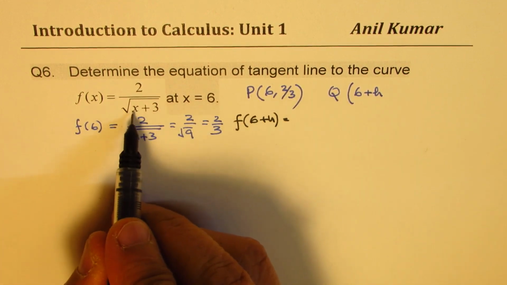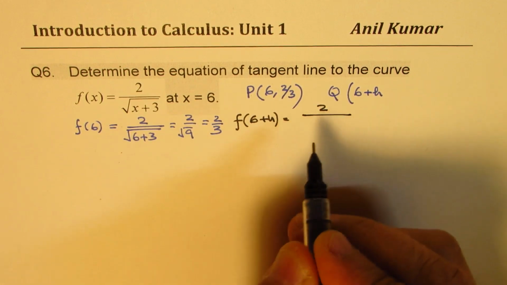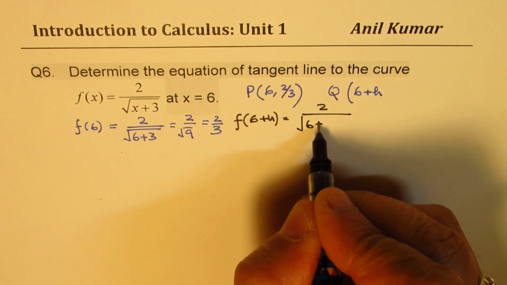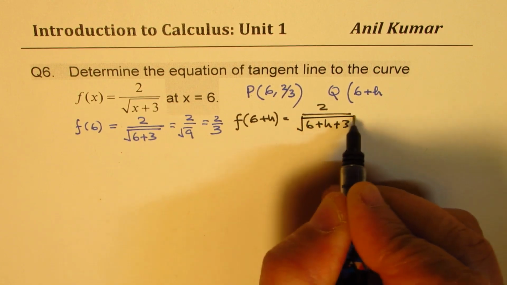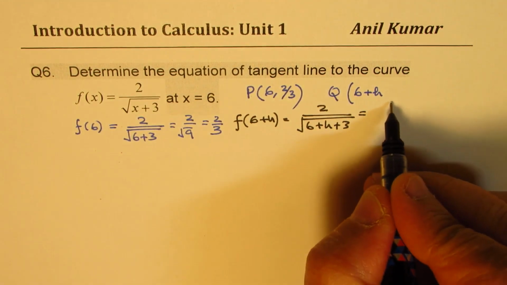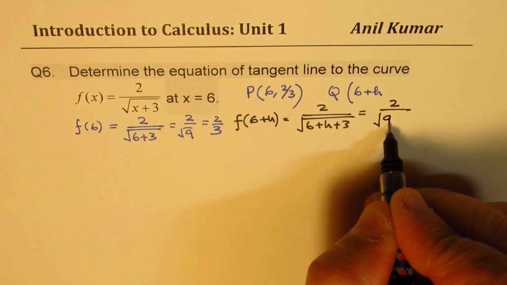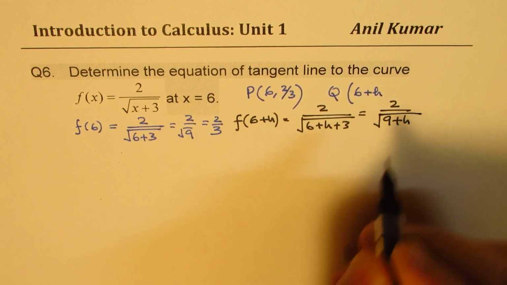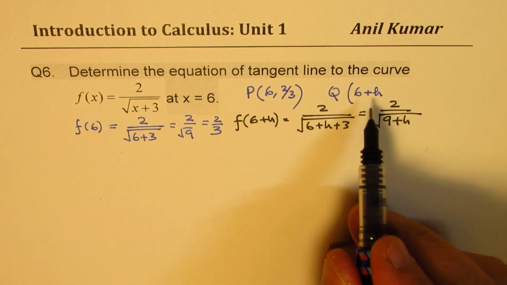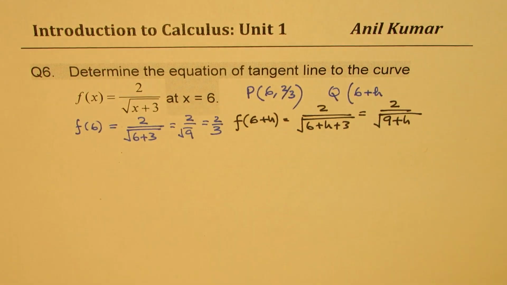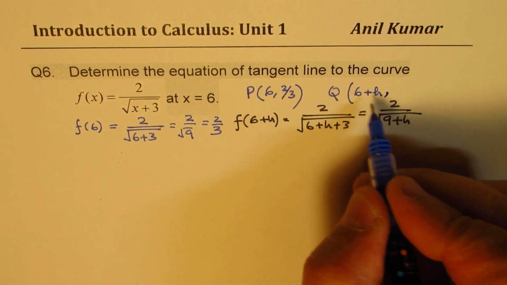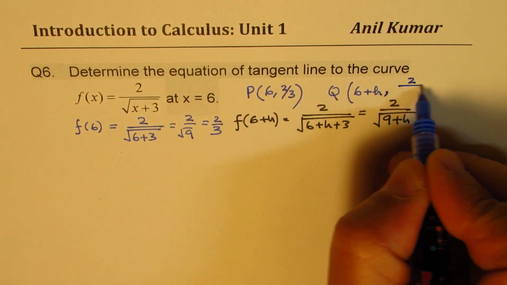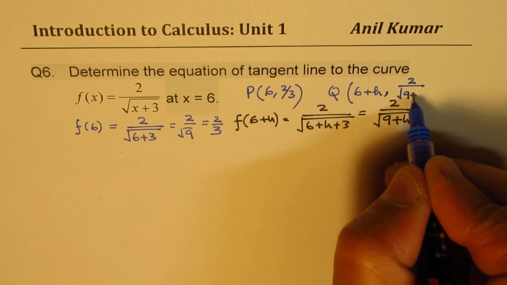So we'll replace 6 plus h here. So we get 2 over square root of 6 plus h plus 3, which basically is 2 over square root of 9 plus h, correct? So that becomes the value of y. So I could write this point Q as 6 plus h and 2 over square root of 9 plus h.